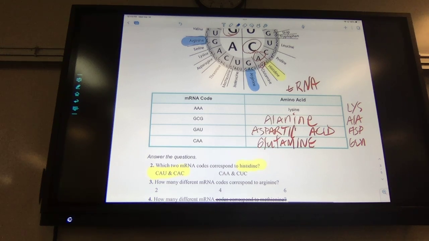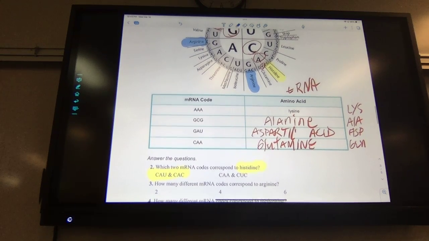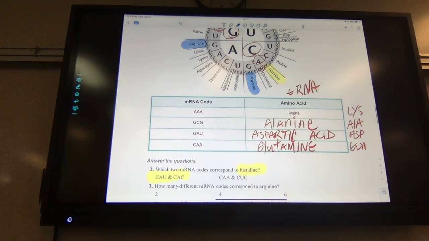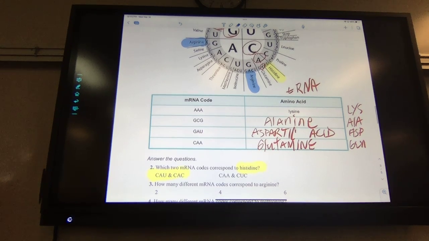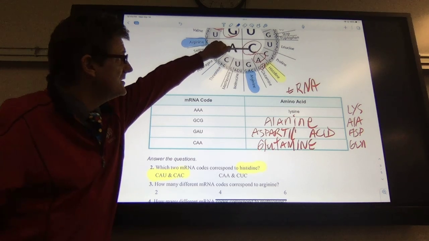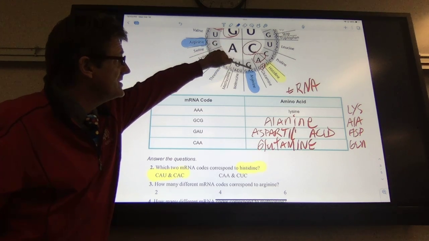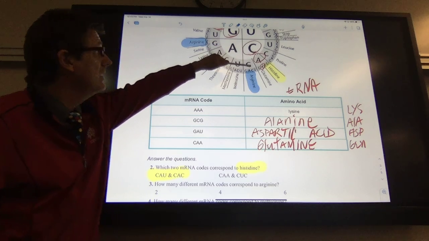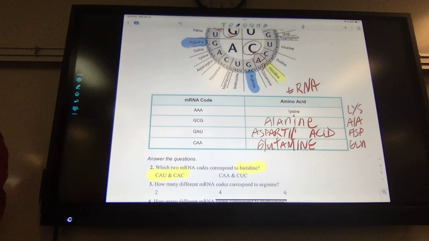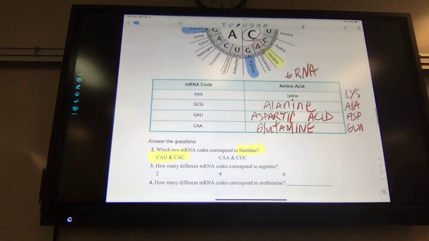So the answer isn't 4, is it? There's 4 here: CGG, CGA, CGC, CGU, and then there's AGA and AGG. So the answer is pretty obvious, 6.